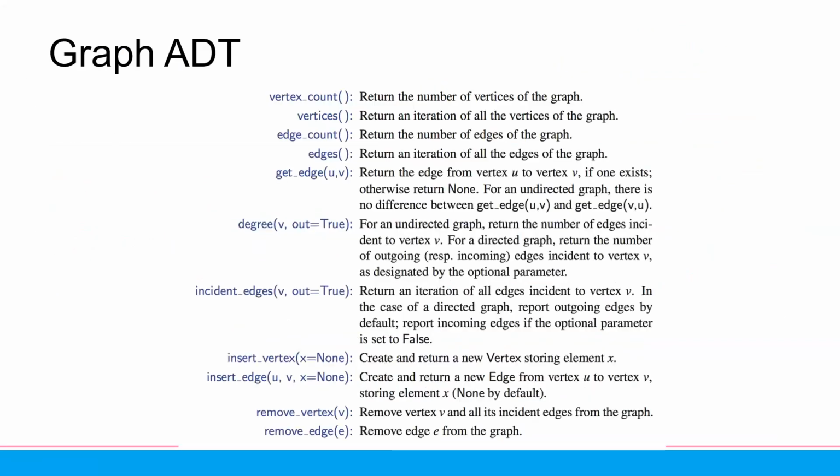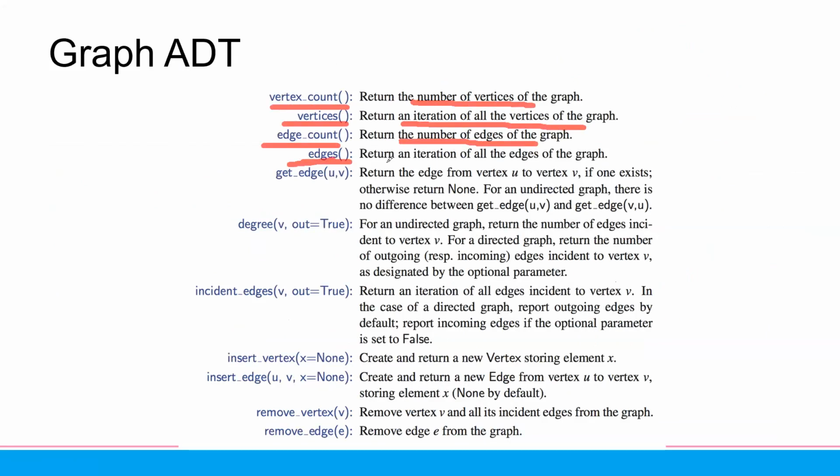We can have another kind of ADT to check how many vertices and how many edges. In this case, vertex count is the number of vertices. The vertices method is the iteration of all vertices. And edge count is the number of edges of the graph.